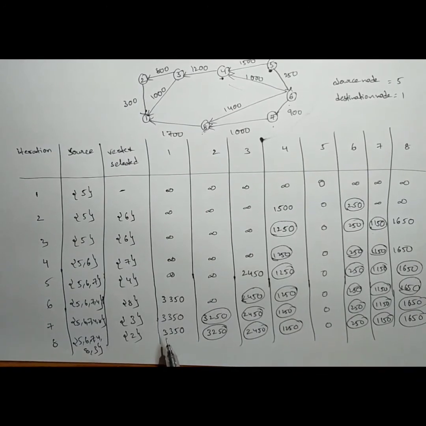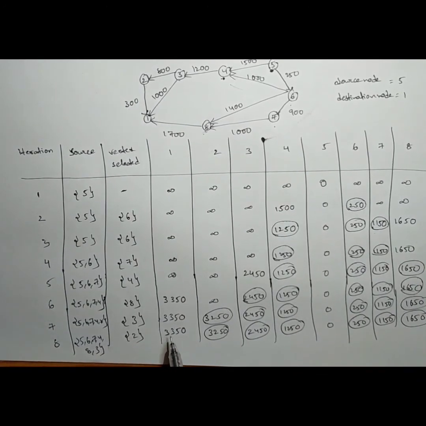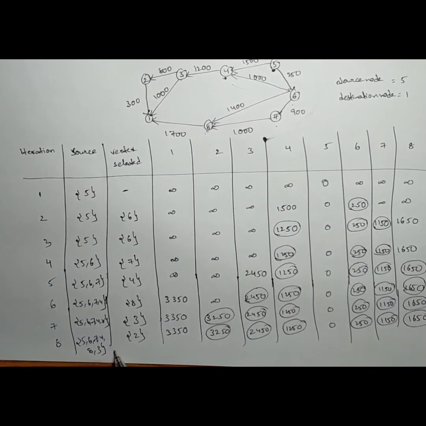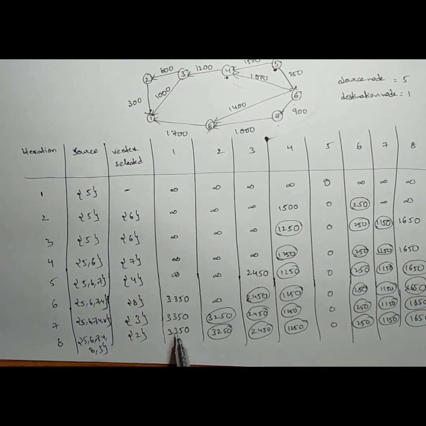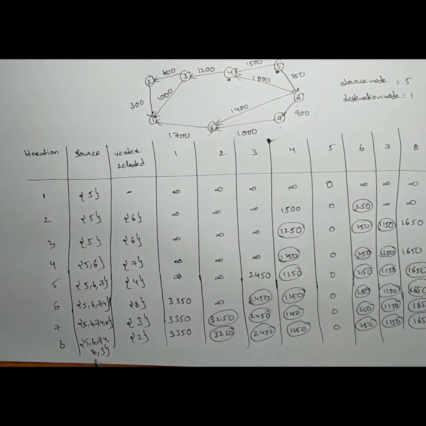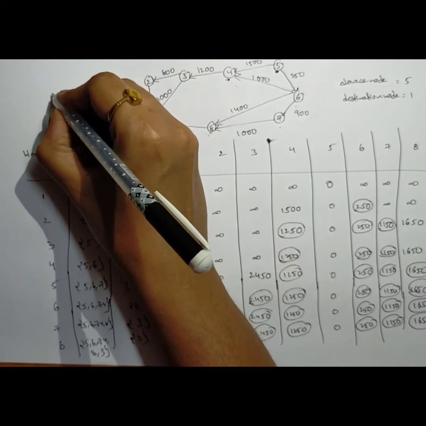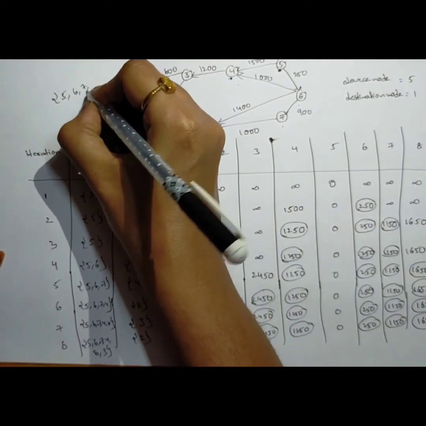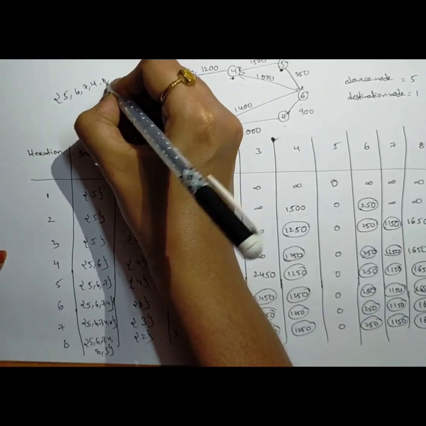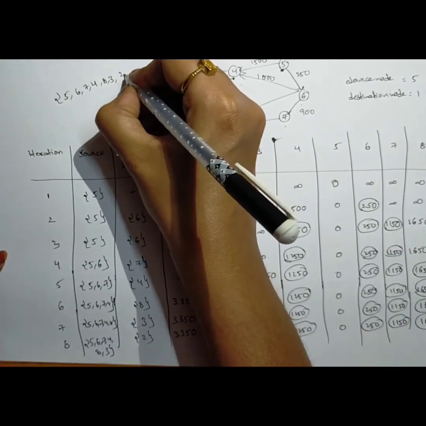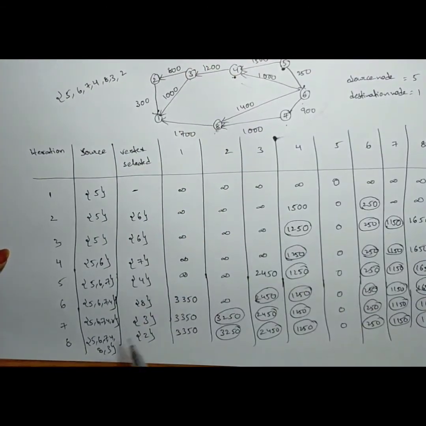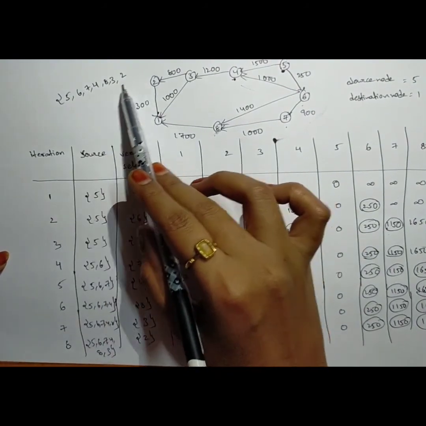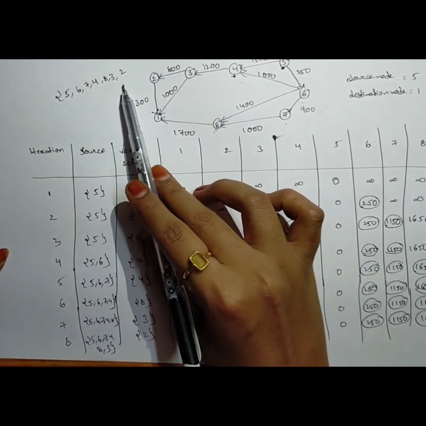Here we have only one vertex which is not selected, so I am adding the vertex 1 to the source. See, the source is 5, 6, 7, 4, 8, 3, 2. Till the 8th iteration we have the source with these vertices.